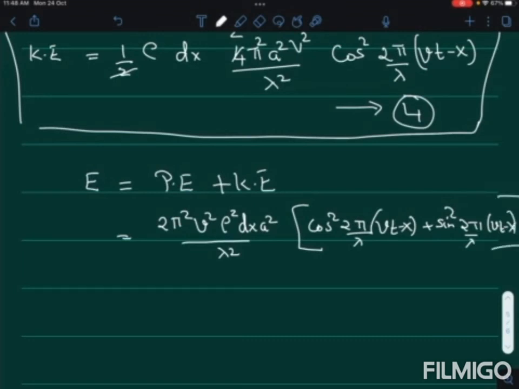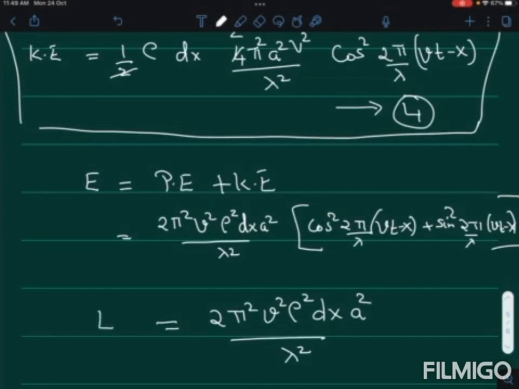So you get the energy as 2 pi square v square rho dx a square by lambda square. That's the total energy of the layer.